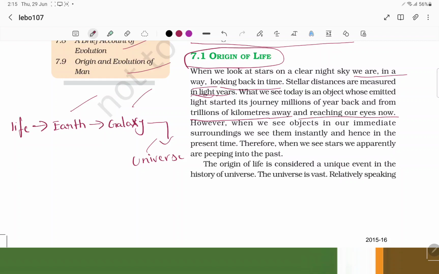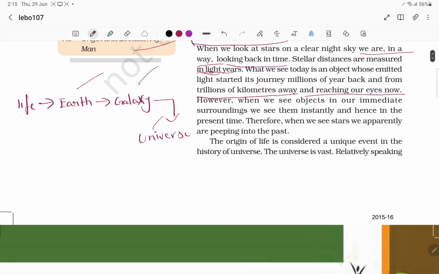The journey of light already started there, but it takes millions of years to reach our eyes. What we are seeing is the past.